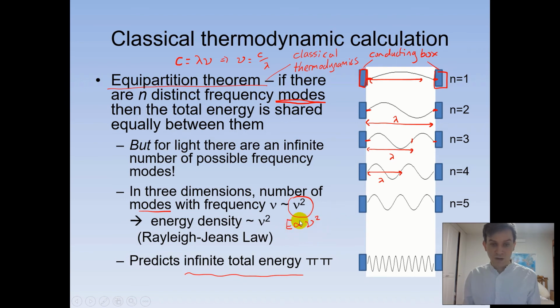But again, this law cannot be correct, because if you were to plot energy as a function of frequency, you would get a graph that looks like this, and the total energy in the system is just the integral of this energy density, but this integral is clearly divergent, right? You get infinitely much energy out of this integral. So this was the problem with classical thermodynamics. It could not explain blackbody radiation, the emission of light by a hot body.